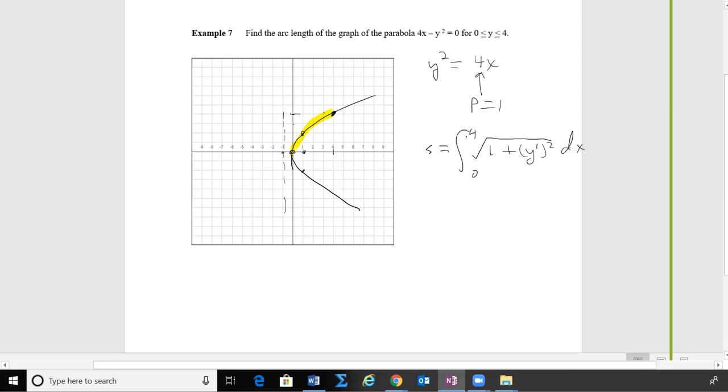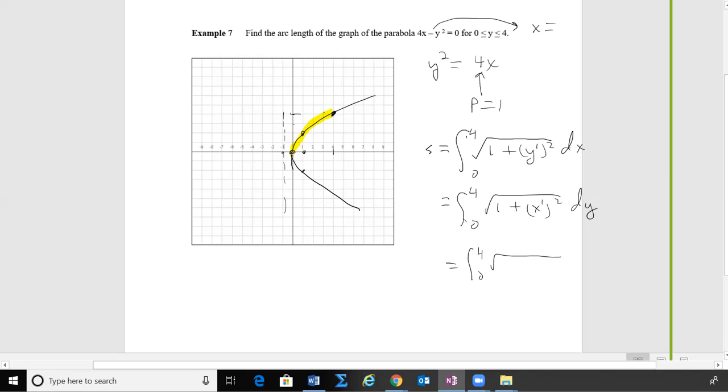Although it might be better to do it the other way. In other words, the limits are the same, but we would have this x prime squared dy. And it's just coincidence that the limits are the same. So either way, I'm going to go with this one, 0 to 4, because it's already in a nice form here.